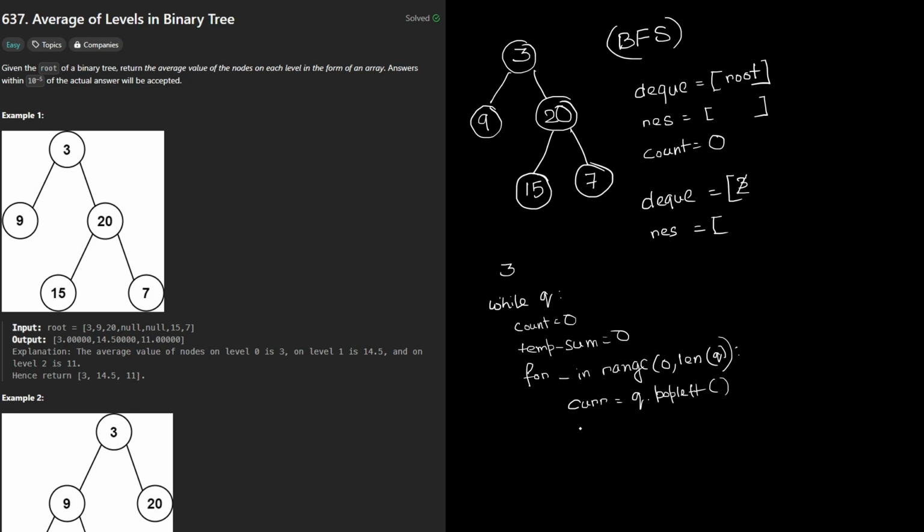Now we are going to add that value to our temporary sum. So temp sum plus equal to cur dot val, and also our count, we are going to increase by plus equal to 1. Pretty straightforward and easy to do. Once we have done that, we are going to check for the left child and right child.